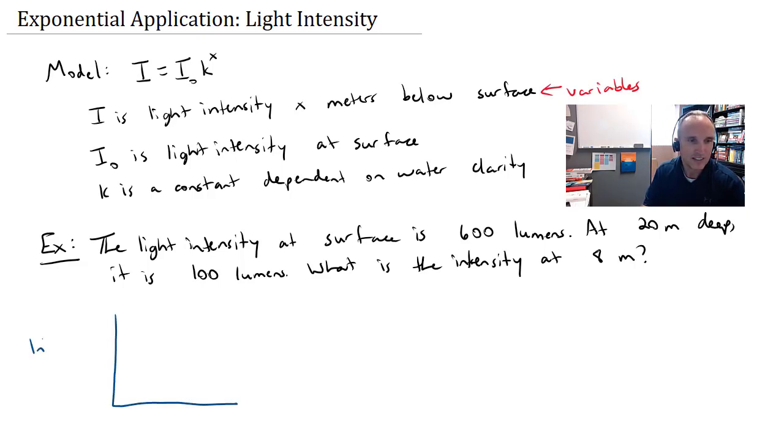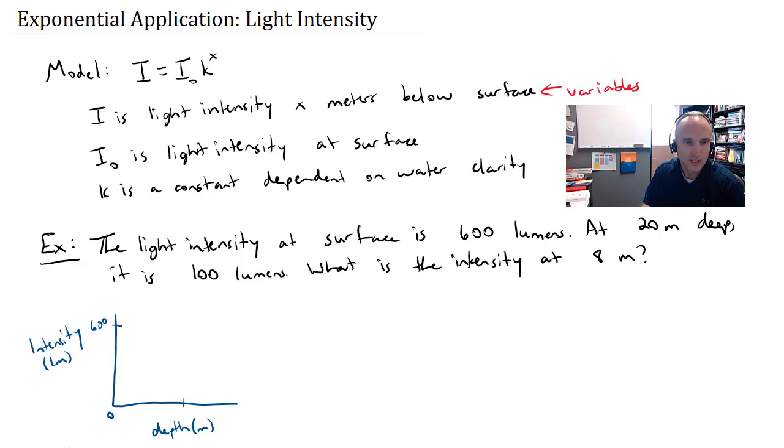We've got the intensity here, and we've got the depth here in meters, and lumens maybe as capital LM. Initially at the surface at 0 meters deep, our intensity is 600 lumens.